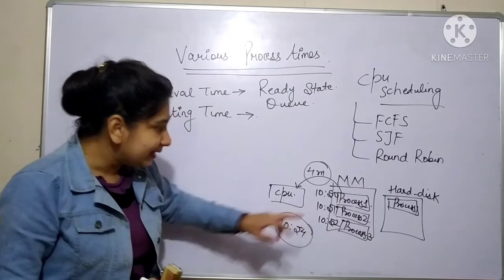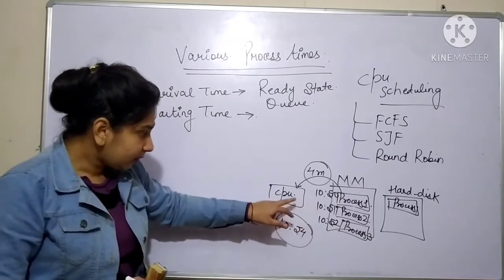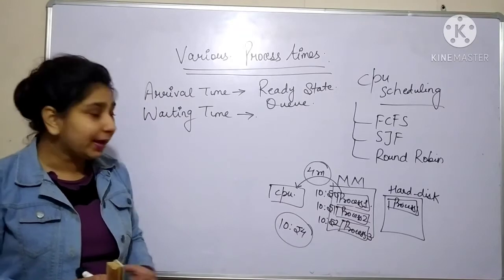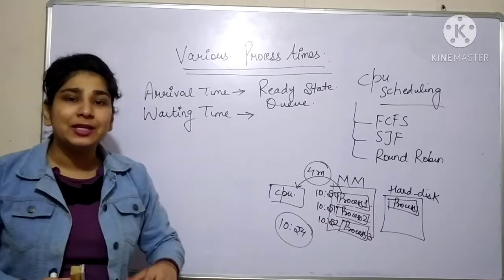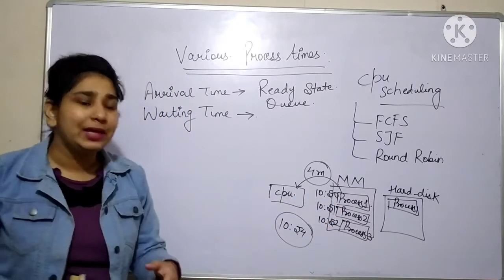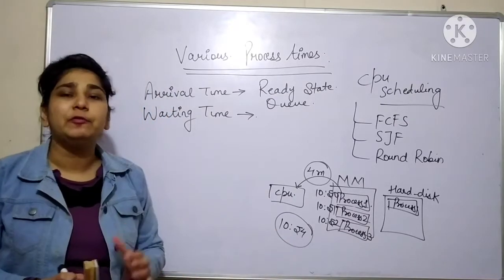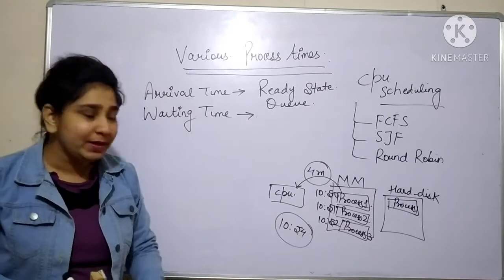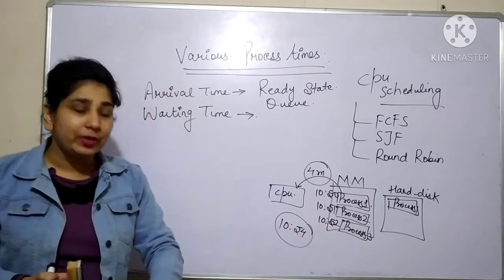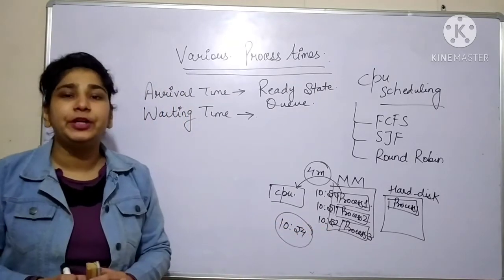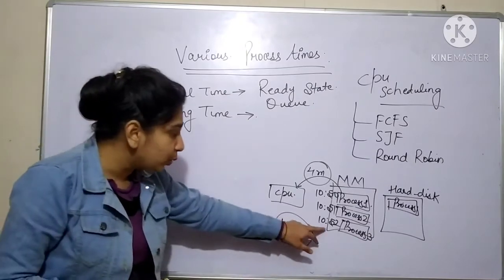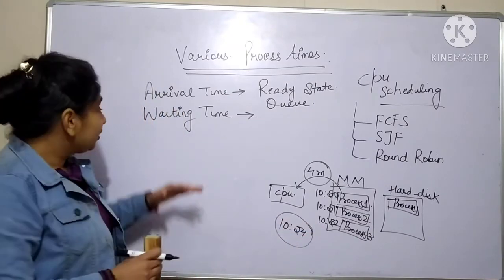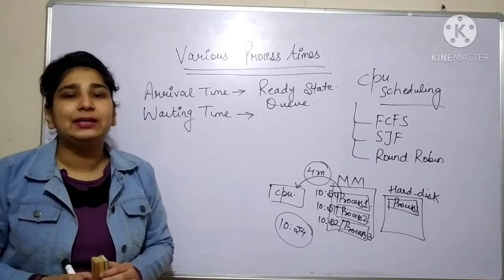Because process P1 is going to release the CPU at 10:54, process 2 is going to wait for 3 minutes, and process 3 is going to wait for 2 minutes. So this is actually our waiting time.